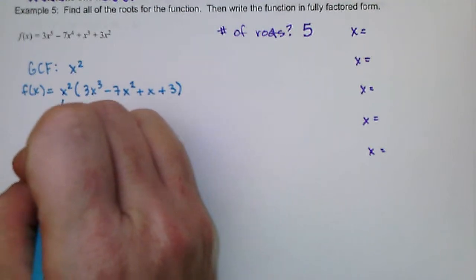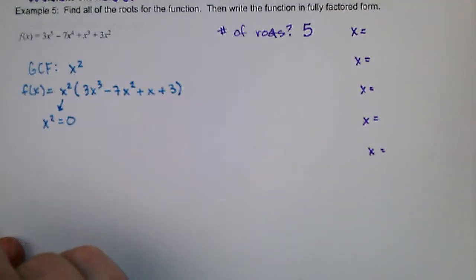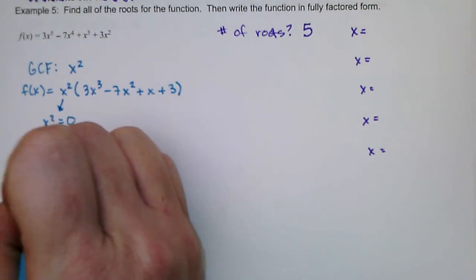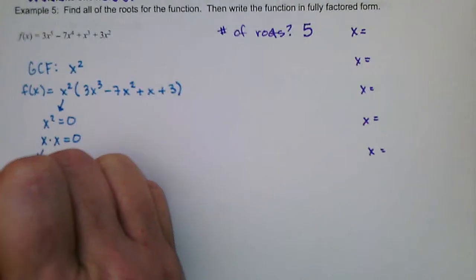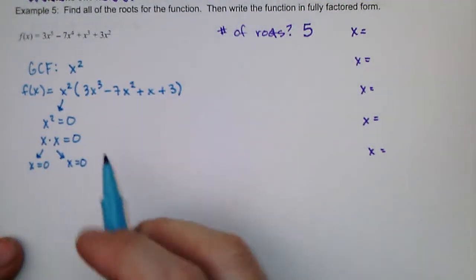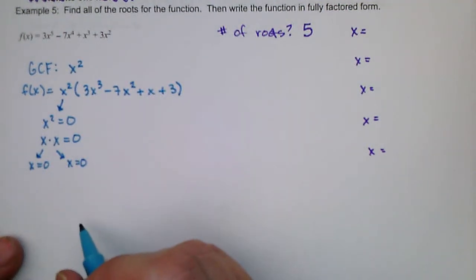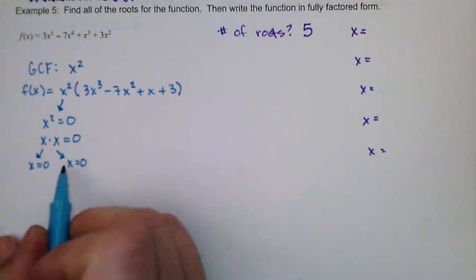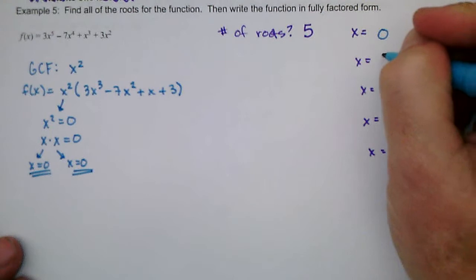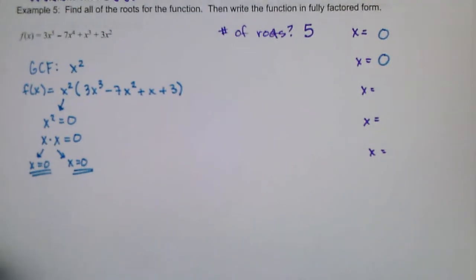So I go x squared equals 0. And then I can break that down further to be x times x equals 0. So I get x equals 0, x equals 0. Or I can think of it like x equals 0 with a multiplicity of 2. But that's actually going to give me 2 roots, x equals 0 twice.